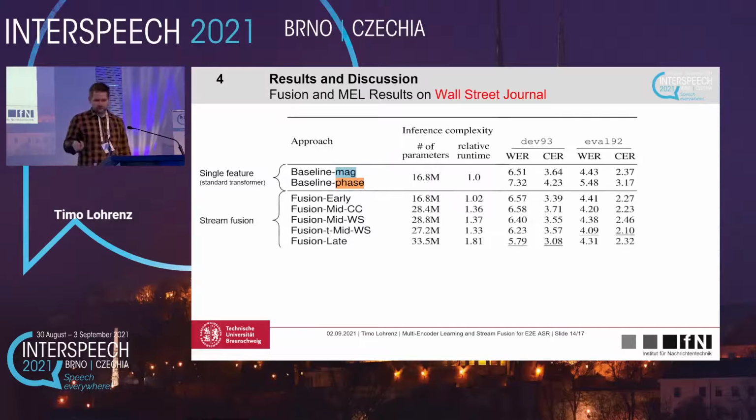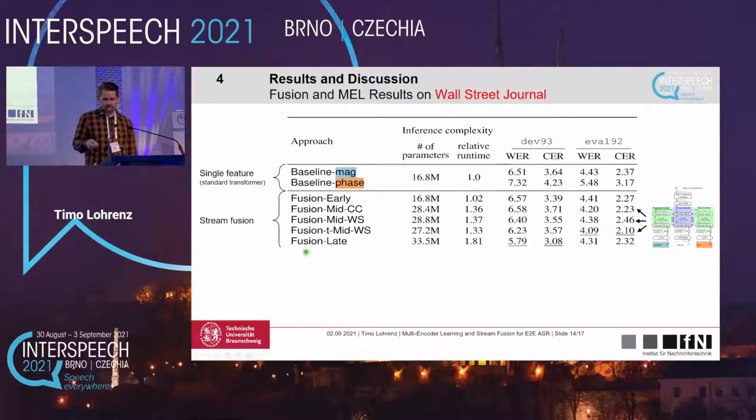So let's look into the stream fusion methods. Early fusion yields some mixed results here, where we are only able to get a slight improvement on the eval set, but not on the dev set. For the middle fusion approaches, the concatenation also didn't work out that well on the development set, but the weighted sum approaches were able to outperform on the development set.